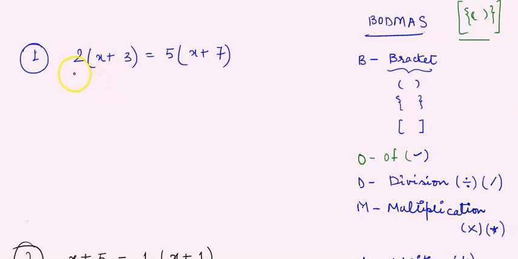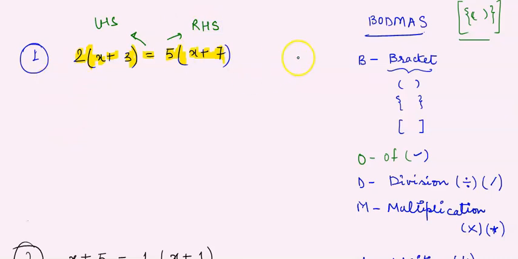So what we have in the first equation is 2 into the bracket x plus 3, then close bracket, is equal to 5 into the bracket x plus 7, right? As I told in the previous video, the left side of this equal-to sign we call the left hand side, and the right side is the right hand side, okay.